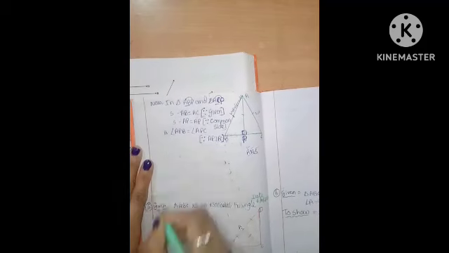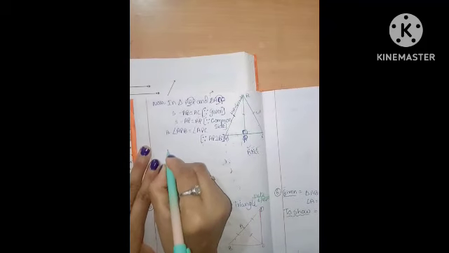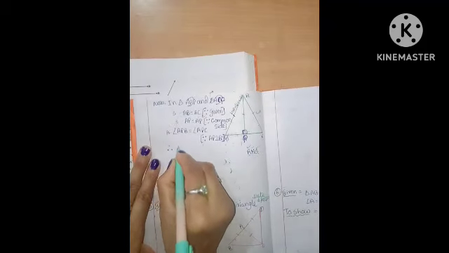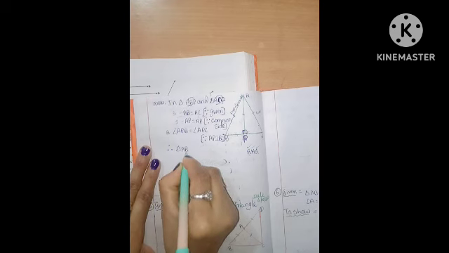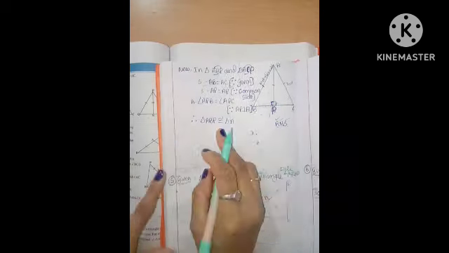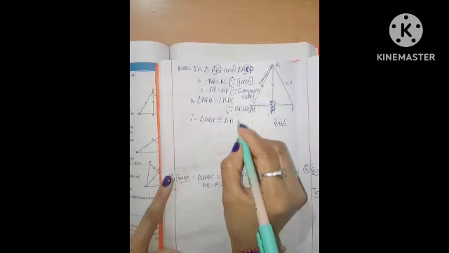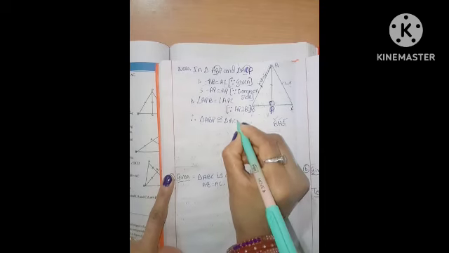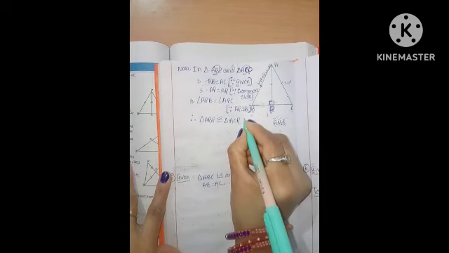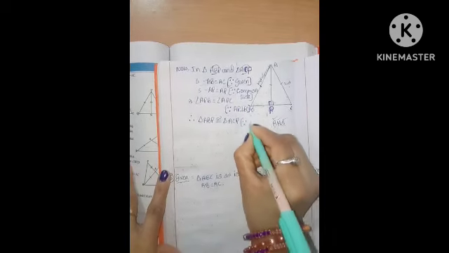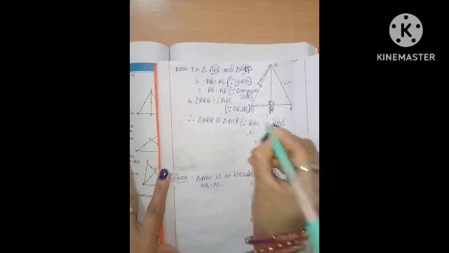Therefore, triangle ABP is congruent to triangle ACP, using the RHS congruence rule.